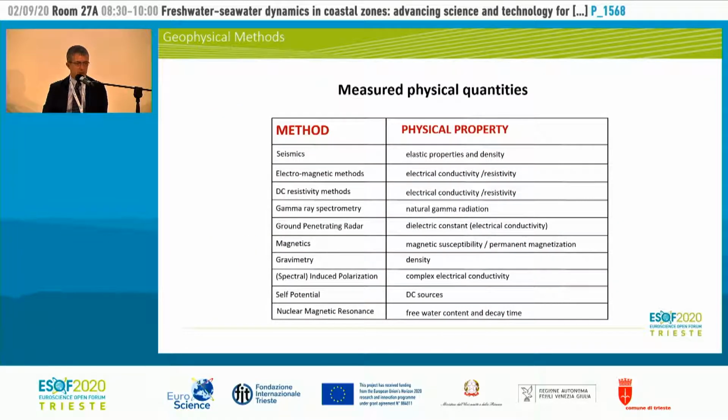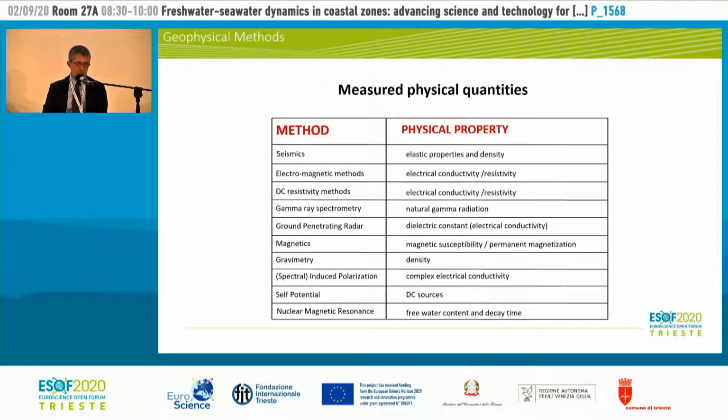Each method is actually some physical process that causes the signal. And in particular, there are many methods that depend on electromagnetic processes and properties. So electrical conductivity, dielectric properties, magnetic properties.